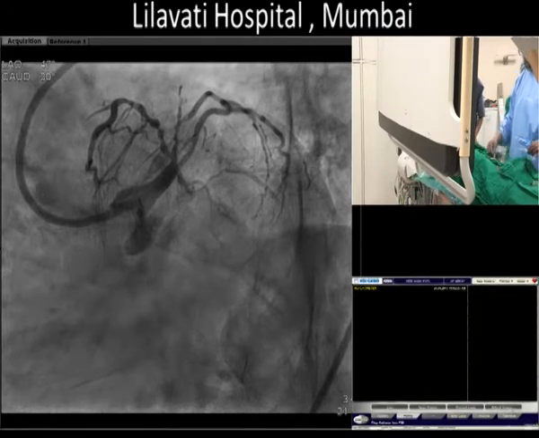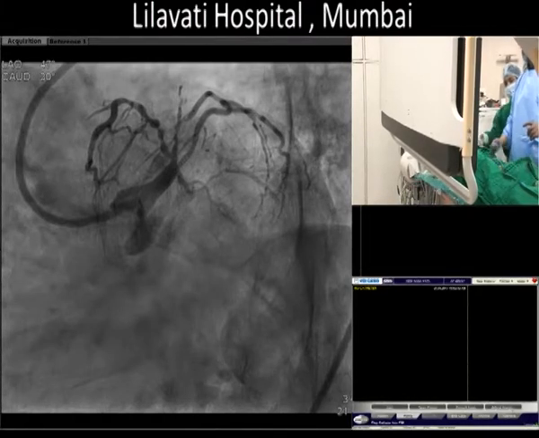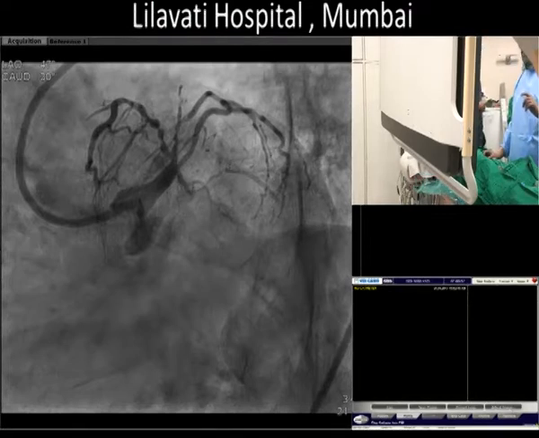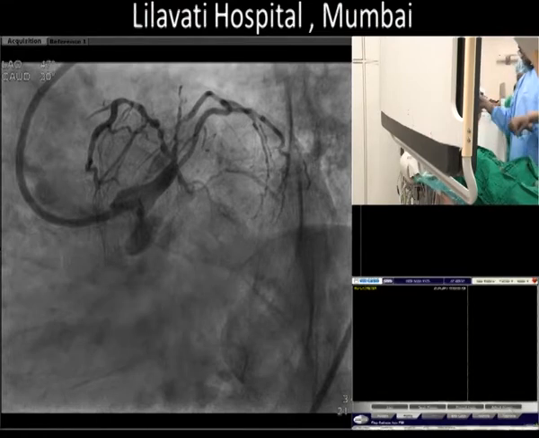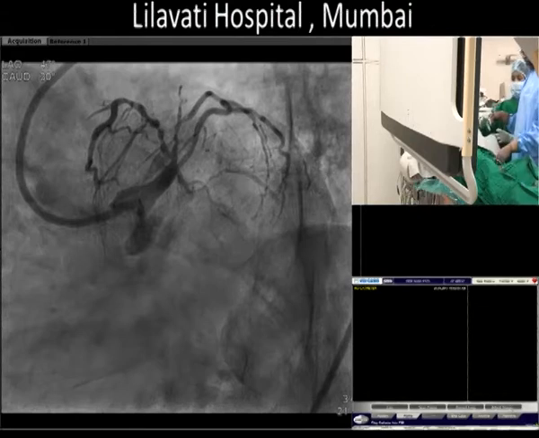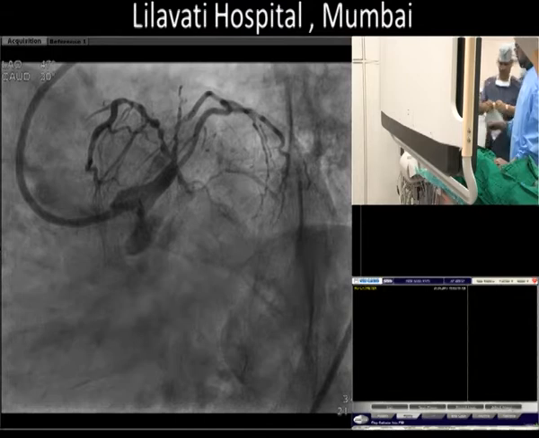Give me 2 mm. 2.25 into 24. Keep the other balloon negative.